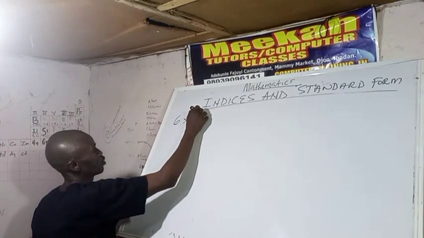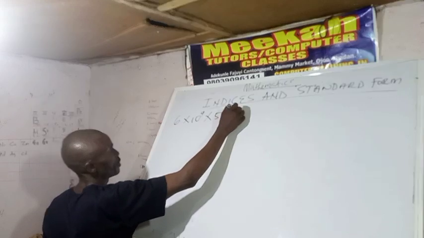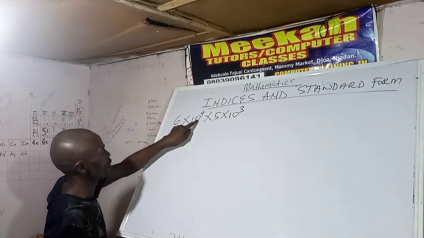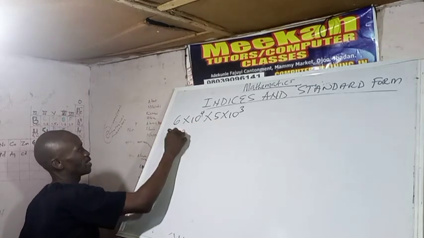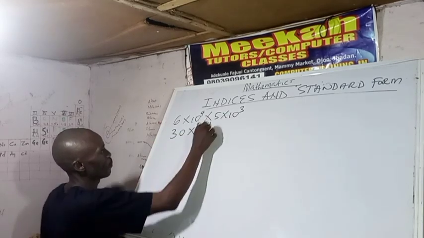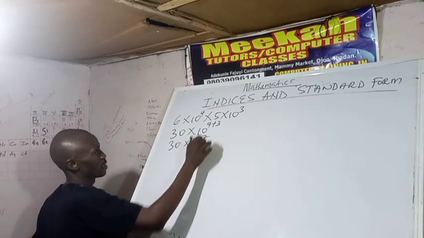6 times 10 raised to power 4 times 5 times 10 raised to power 3. Look at this, number for number, indices for indices. 6 times 5, what do you have? 30 times 10 raised to power 4 plus 3. This becomes 30 times 10 raised to power 7.